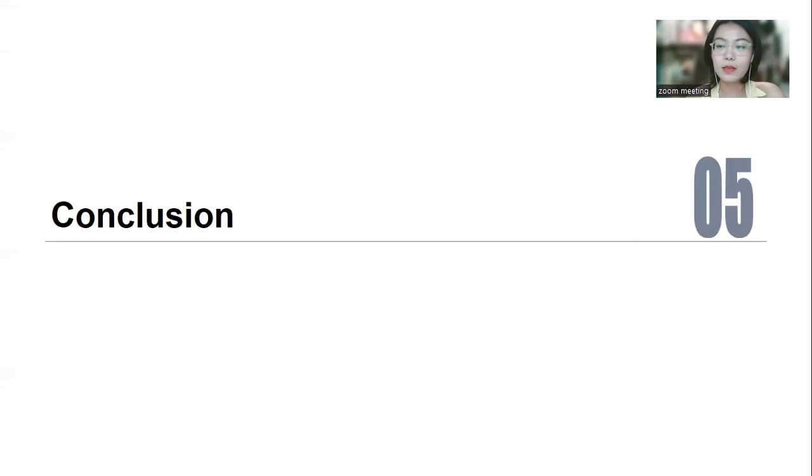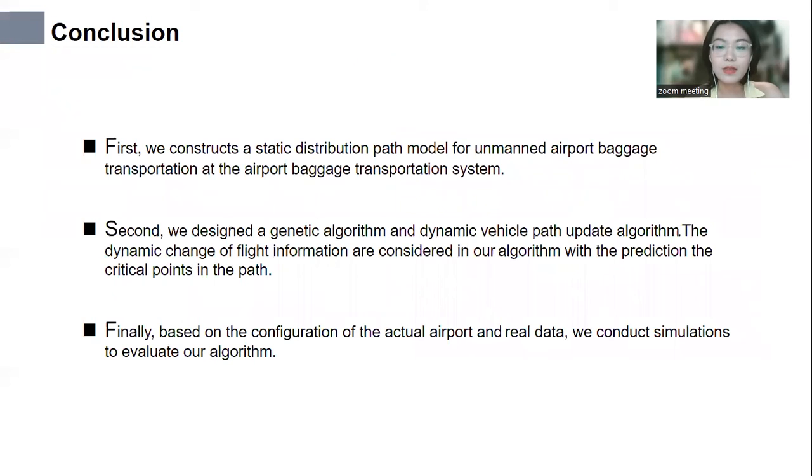The final part is the conclusion. In this paper, we constructed a static distribution path model for electric airport baggage transportation as the airport baggage transportation system. We also designed a genetic algorithm and a dynamic vehicle path update algorithm.